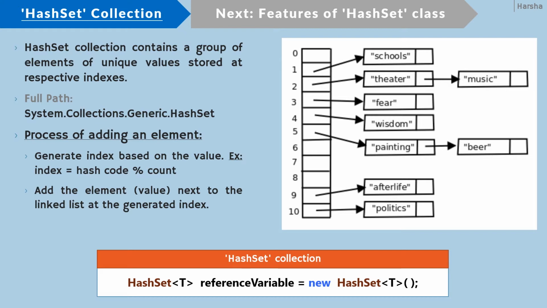For example, you are trying to add an element called schools. So based on the value called schools, the hash code will be generated. Here the hash code of the string values will be automatically generated based on the predefined implementation of the GetHashCode method of System.Object class.